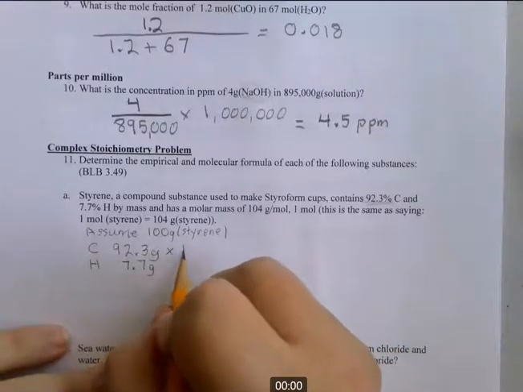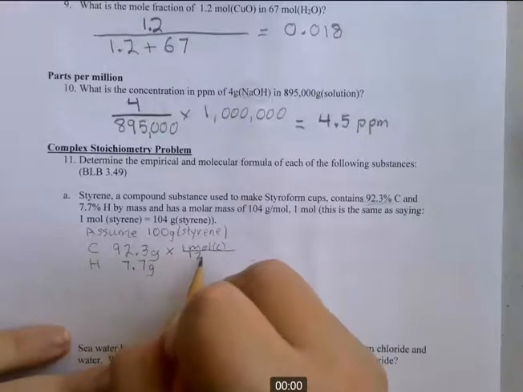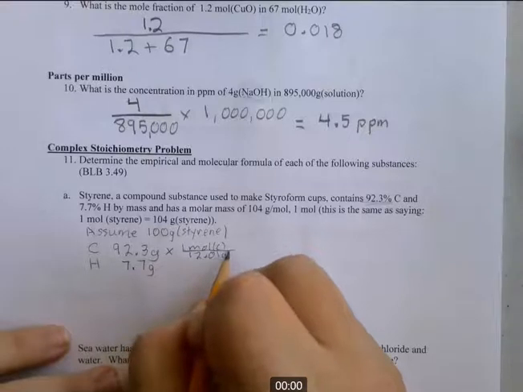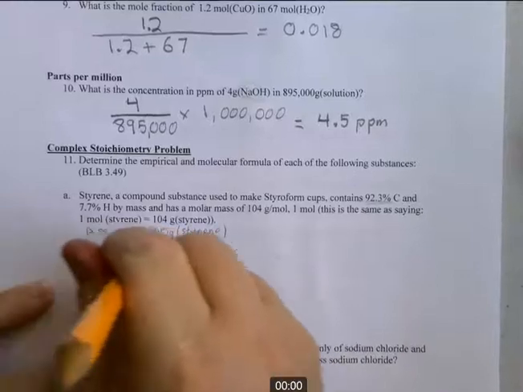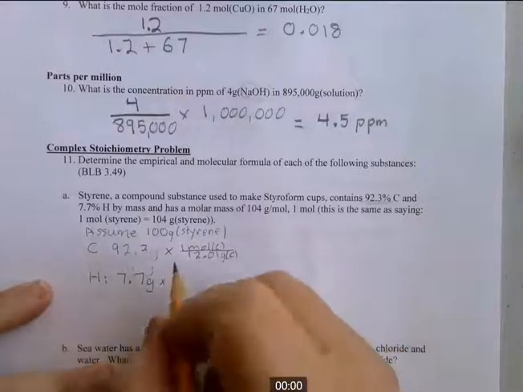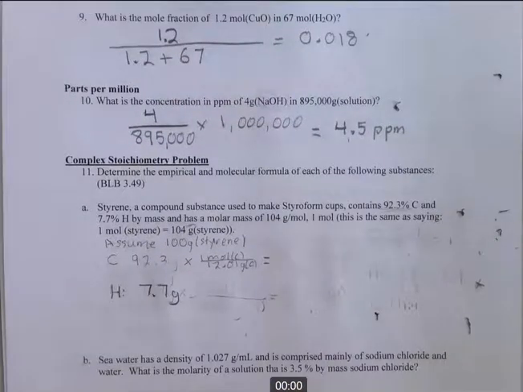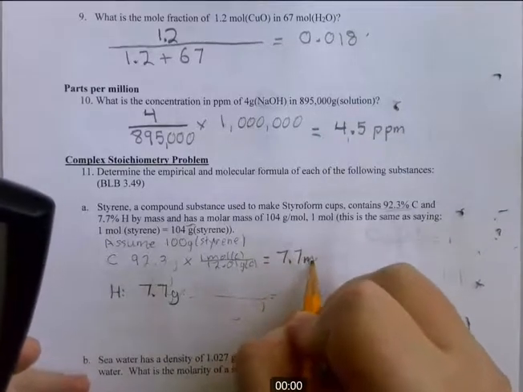So we know that we have 1 mole of carbon for every 12.01 grams of carbon. And let me just write this one down a little bit lower. For hydrogen, from the periodic table, we know that we have 1 mole for every 1.01 grams of hydrogen. Okay, so if we divide for carbon, I'm going to try this again, I made a mistake here. 92.3 divided by 12.01 gives me 7.7 moles of carbon.